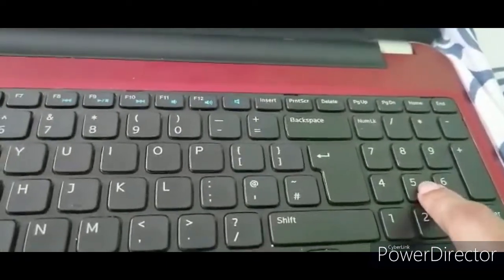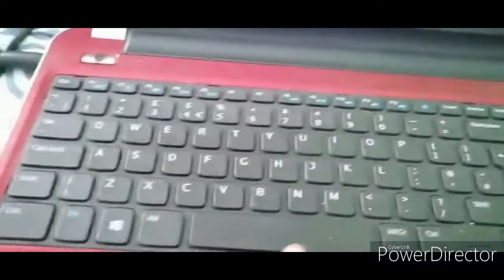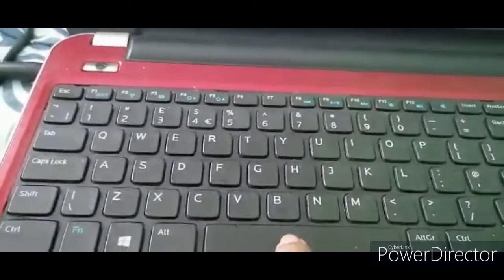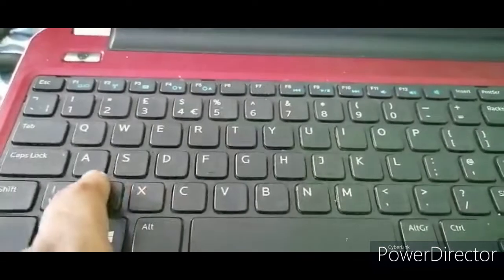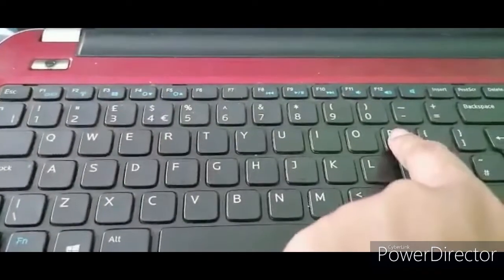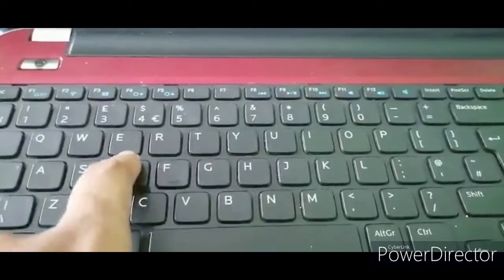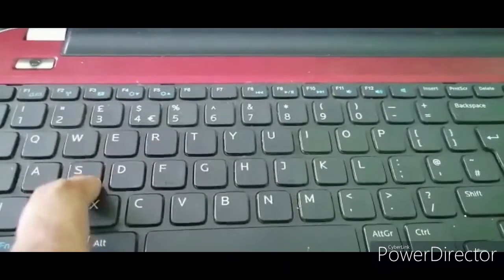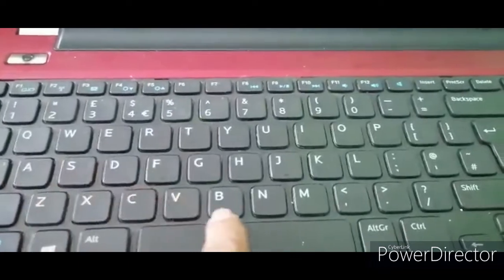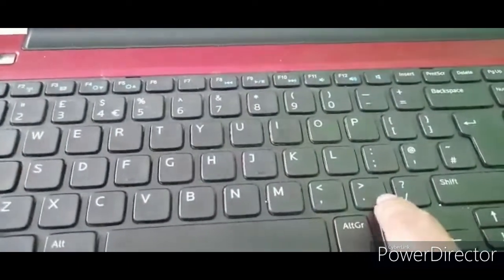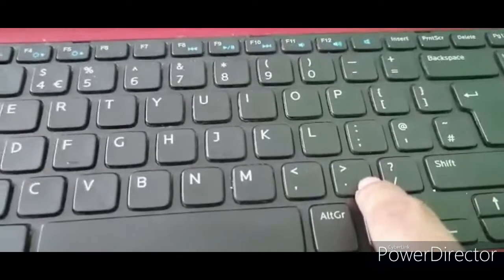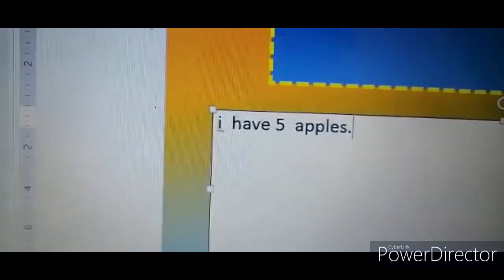I want to press it here. 5. Space, space bar. Apples. A, P, P, L, E, S. Apples. And then a dot. Here is the dot. And here is our sentence.